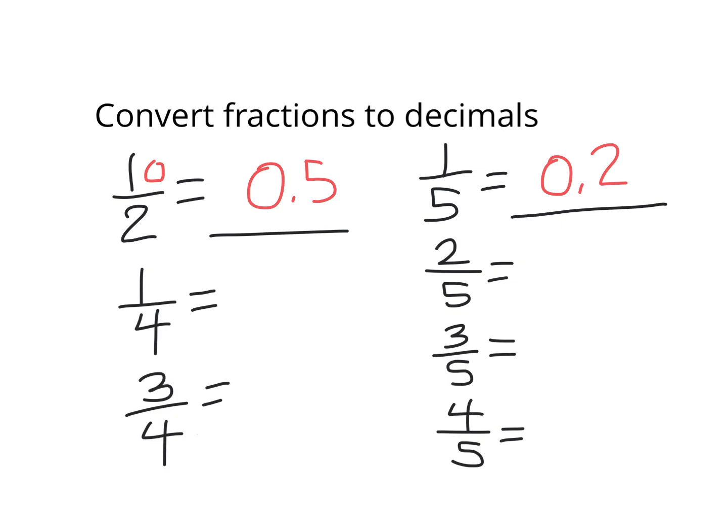Okay, now let's look at some other common fractions like 1/4 and 3/4. So if you know 1/2 is 0.5, which is the same thing as 0.50, 1/4 is 1/2 of 1/2. So 1/2 of 0.50 is 0.25.